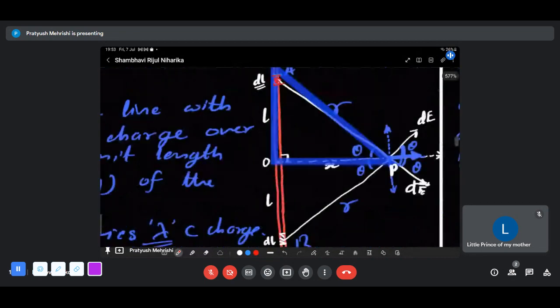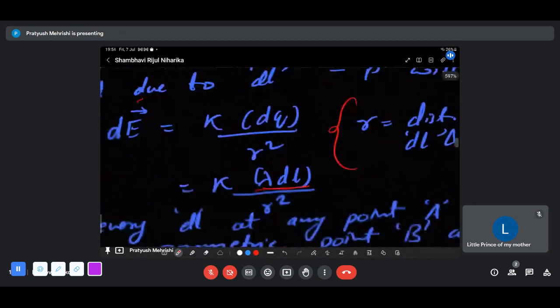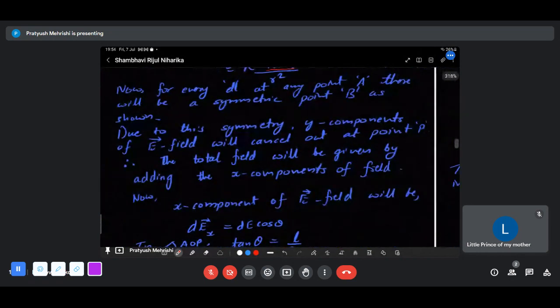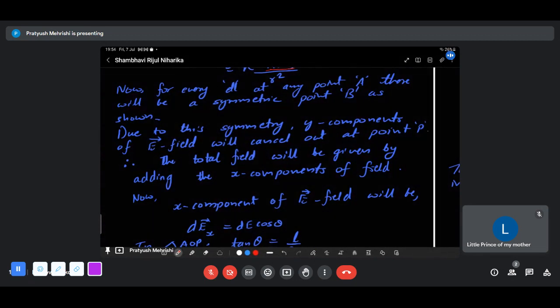Both of these points will cancel each other's electric field. Therefore, the total field will be given by adding all the x components of the field. So when you add all these x components, you will get just dE cos theta.